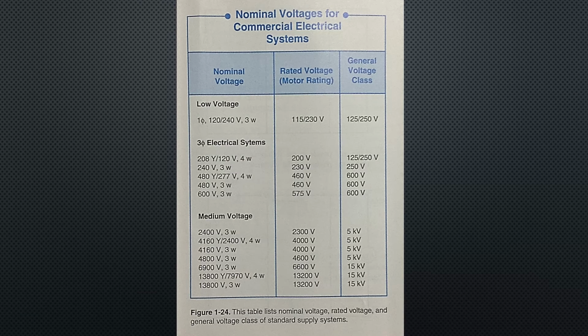Phase is represented by the Greek letter that looks like a slashed zero.